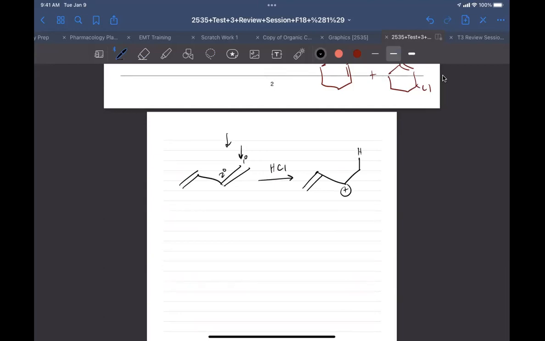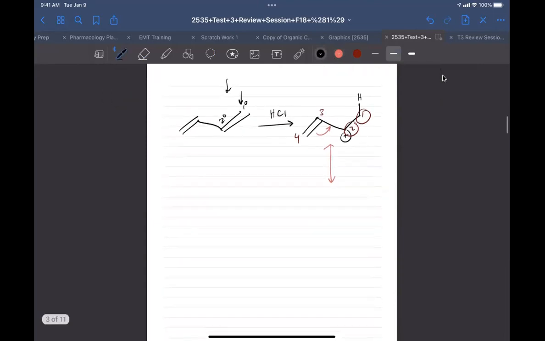If it's just a normal addition, labeling it 1, 2, 3, 4, it adds to the 1 and 2 position. However, in another resonance structure, when this flips over, it's H and carbocation. And remember, wherever that carbocation is, that's where the Cl will add.